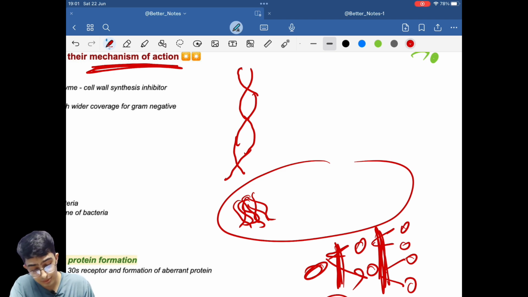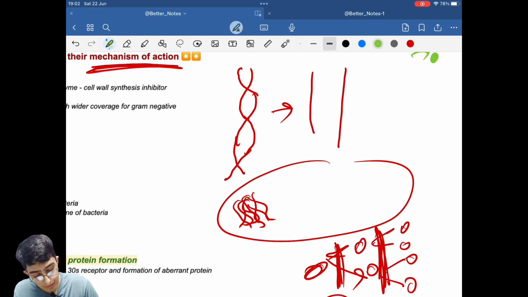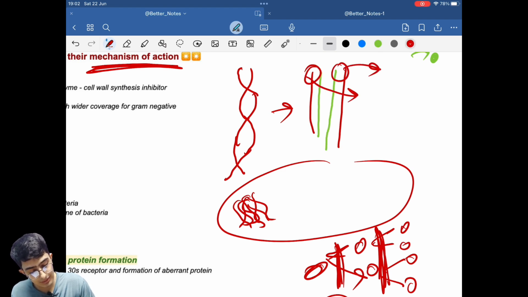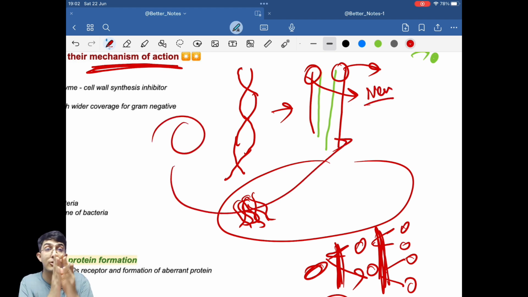DNA replication means you have to unwind this twisted DNA into 2 straight strands, and then you make copies of new strands of DNA. After that, each of these copies goes to a new daughter cell.